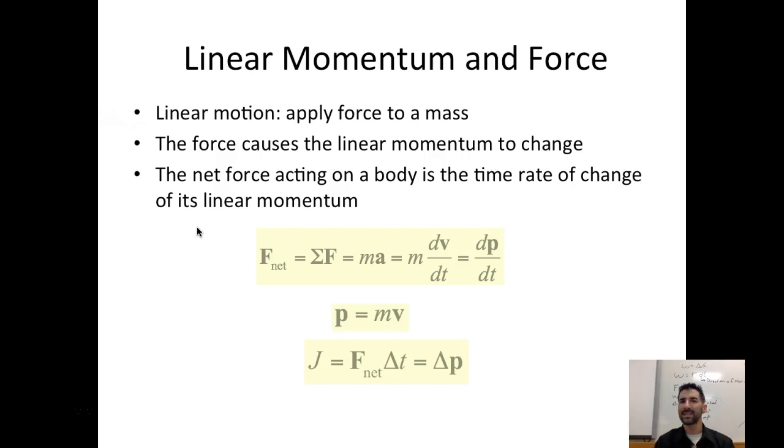So what is linear momentum? What is angular momentum? We know Newton's laws, and Newton's laws are really just a momentum law. And momentum we have defined before as an object's ability to remain in motion. Very simplistically, it is moving inertia. Well, I know that technically the net force acting on a body is the time rate of change of its linear momentum. That's where our Newton's law takes place.